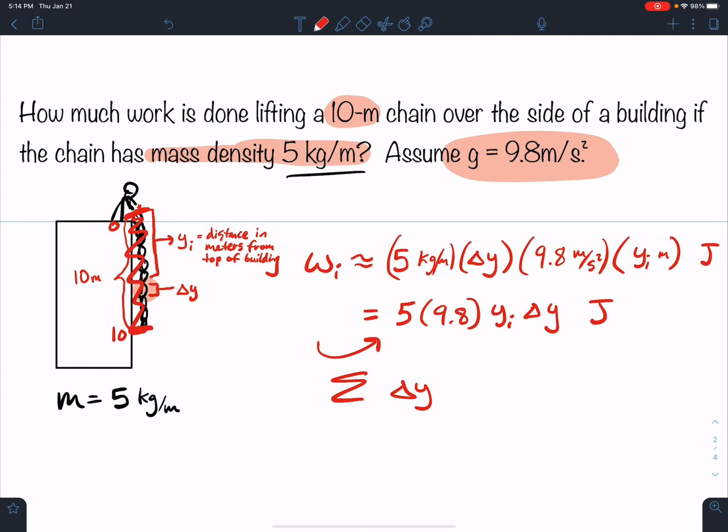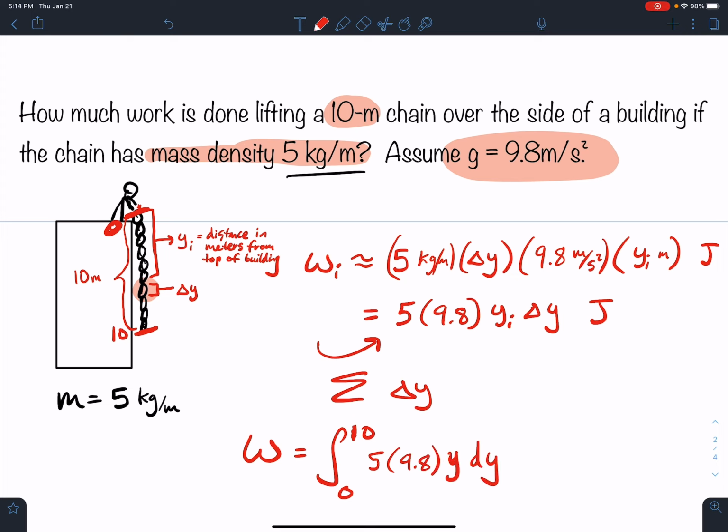So I'm summing all of those up, and to do that, I need an infinite sum. So the work is equal to the integral from 0 to 10, the sum from 0 feet away to 10 feet away of all the little segments, 5 times 9.8 y dy.